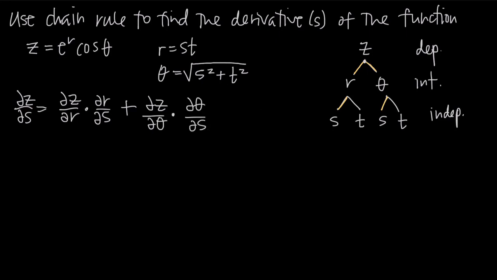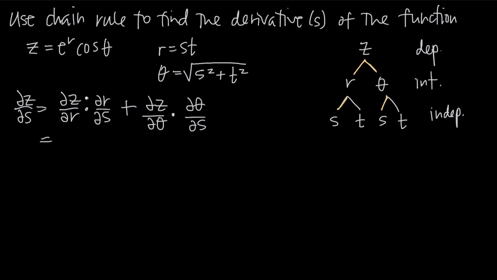And notice here how we've used this color orange to get from z, the dependent variable, down to the independent variable s. We had to get to it in both of these locations. We've got an s here and an s here. We had to account for both of those, which we did by going through r and by going through theta. So this is going to be the formula we'll use to find the partial derivative of z with respect to s. Let's go ahead and find that, and then we'll do the same thing to find the partial derivative of z with respect to t.